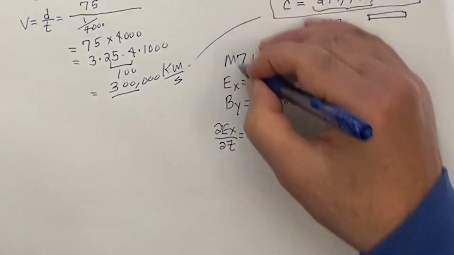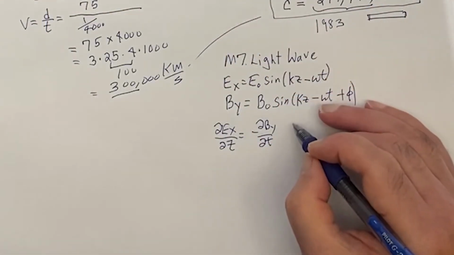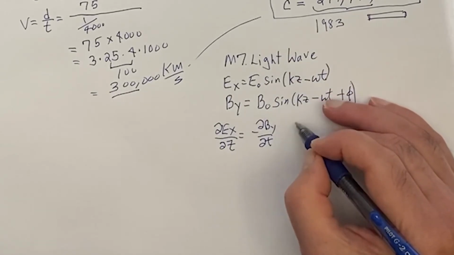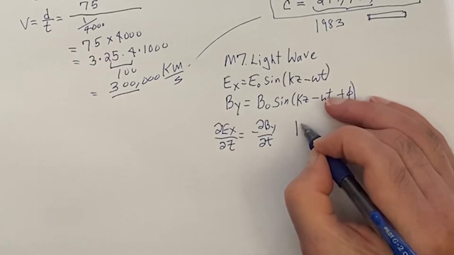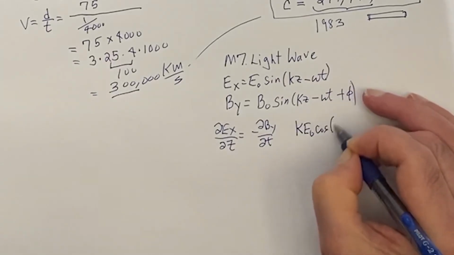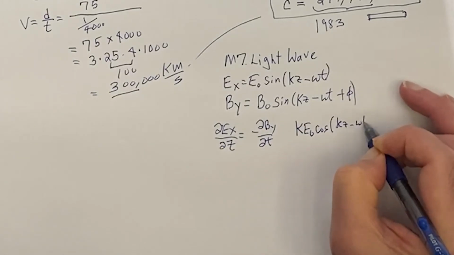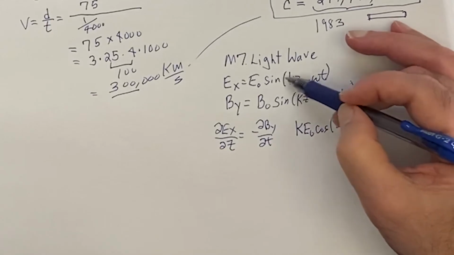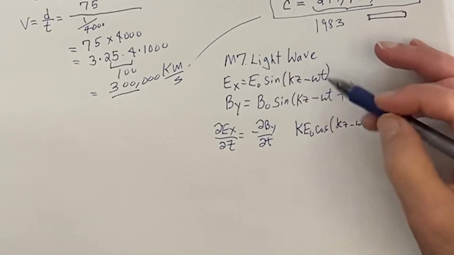Here it is. And if you do that, the derivative here on the E is going to give you k E naught, and you go with the cosine, kz minus omega t. So we're taking the derivative here with respect to Z. We get the cosine, and then the k pops out.